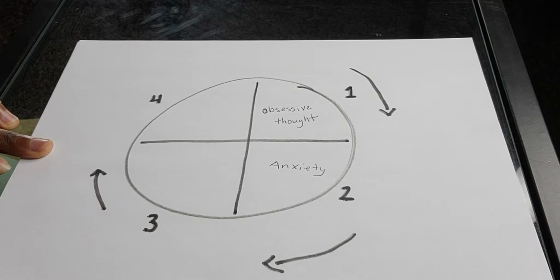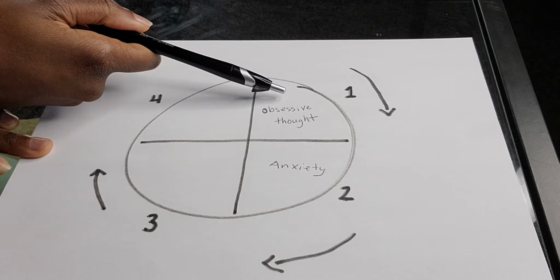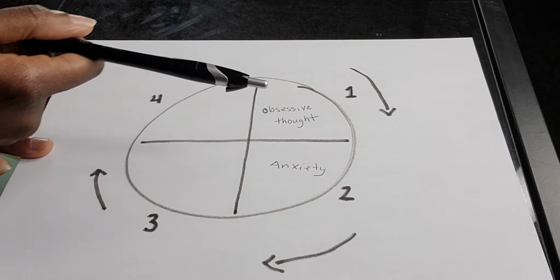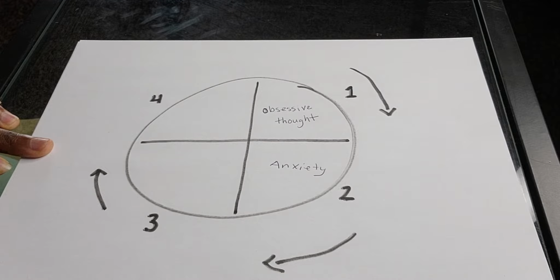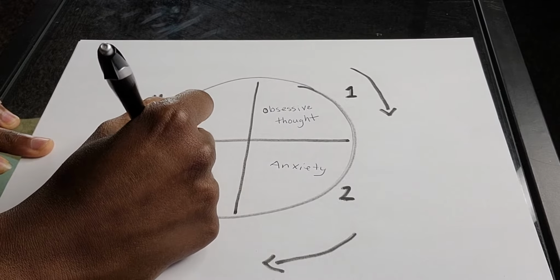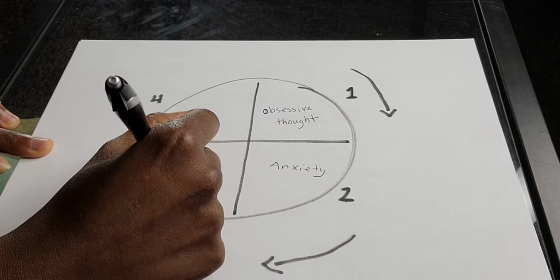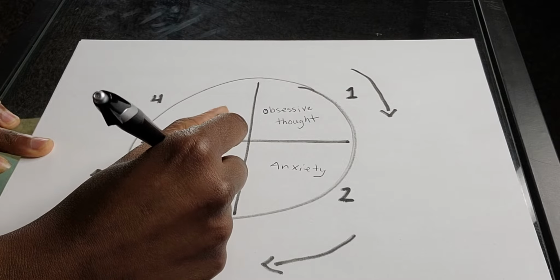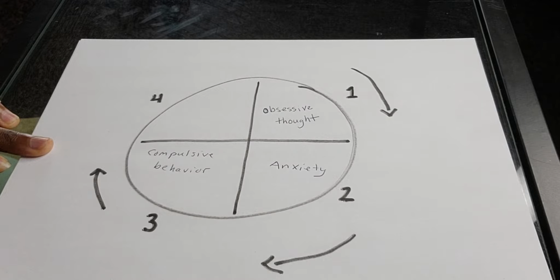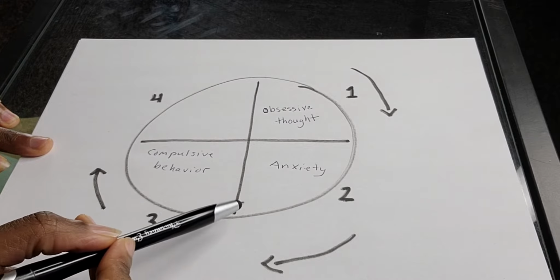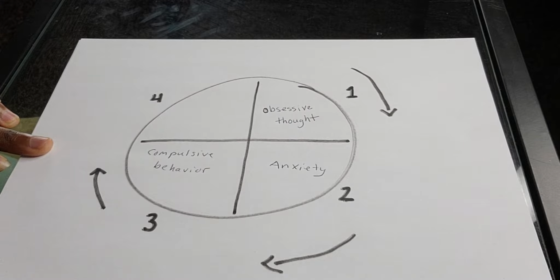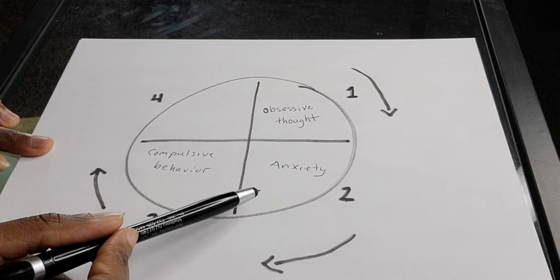Okay. So it starts from having the obsessive thought, and then it becomes an anxiety. And that anxiety pushes them into a compulsive behavior. So when they're at the stage of anxiety, it makes them feel like, I have to do this particular thing so I can get out of this stage.